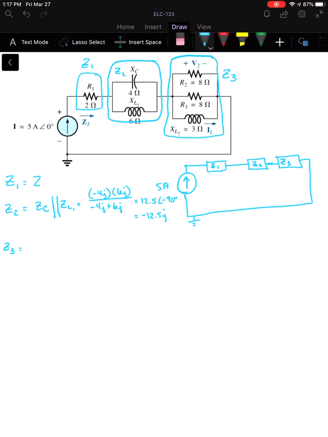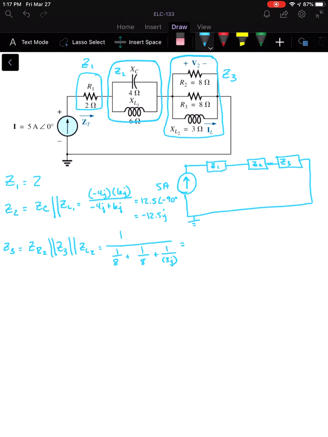Z3, now for the three branches, I cannot do the product over the sums. So in that case, since I'm going to have ZR2, ZR3 in parallel with ZL2, I'm just going to do it like this. 1 over 8 for R2, 1 over 8 for R3, 1 over 3J for L2.